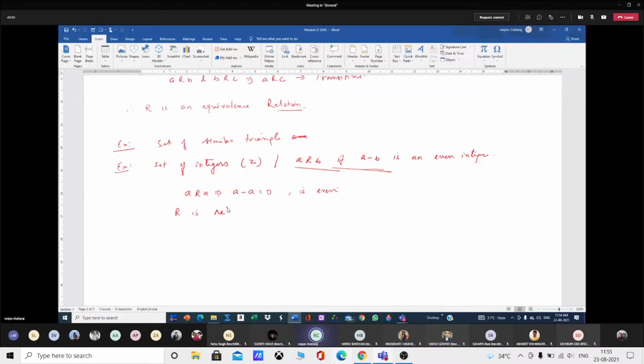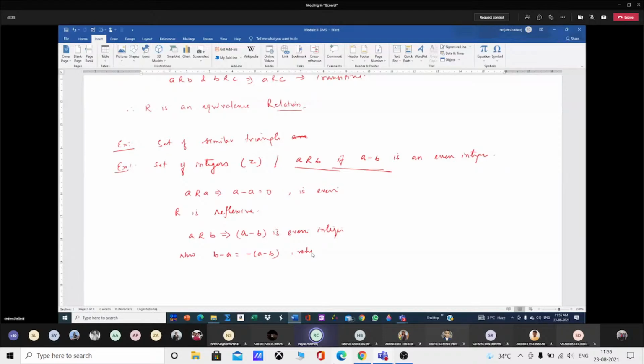Second, A is R related to B. This implies A minus B is even, then B minus A is even. So B minus A is equal to minus (A minus B), which is an even integer.